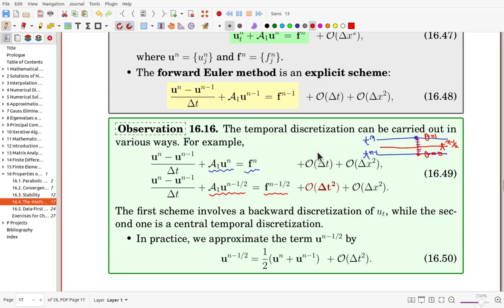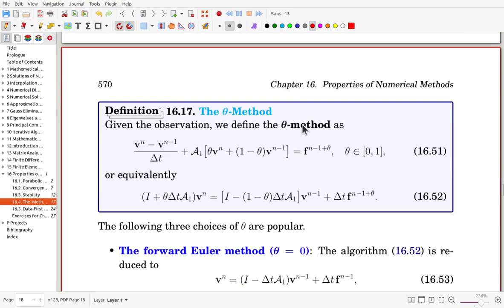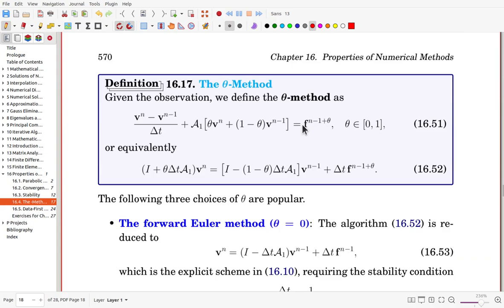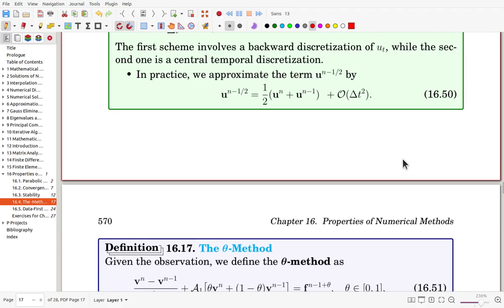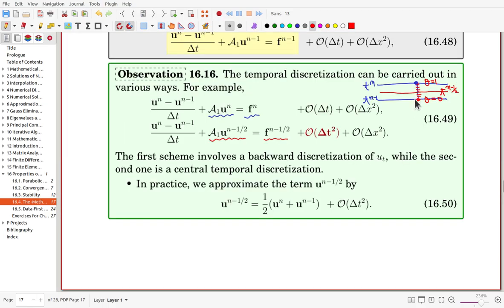Given the observation, we define the theta method as in this formula, with the time derivative approximation and A1, at any level where theta moves from 0 to 1.